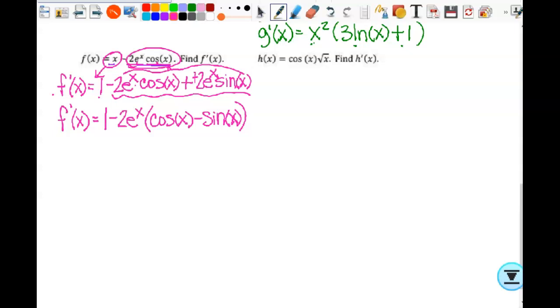Anything else? Okay. Should I do anything before I start this one? Maybe rewrite something? Square root of X, yeah. So h of X, I'm just rewriting, is equal to the cosine of X times X to the 1/2 power.